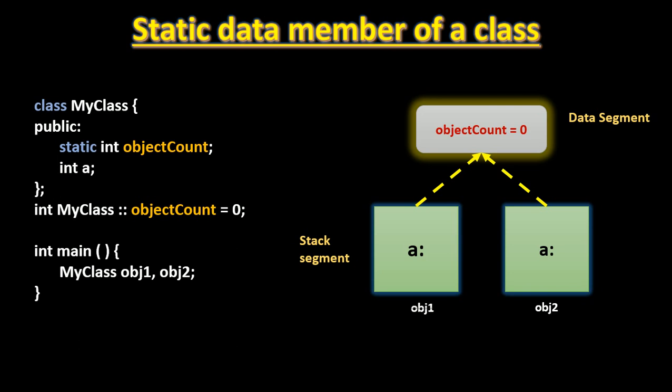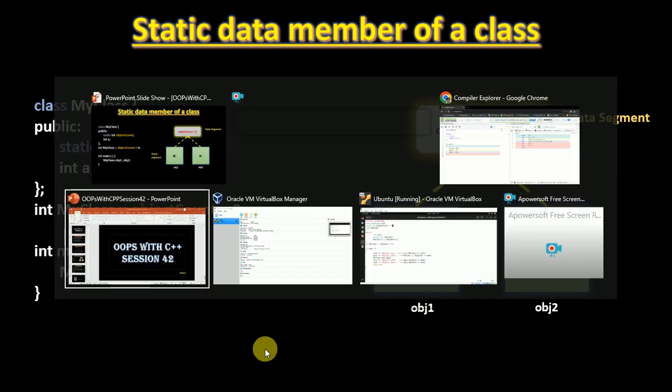Now we are doing the same thing: you create n number of objects, and whichever resource you want to share among all the objects, you make that resource static, and then it will be shared like this. So now object_count is a shared resource and it will be accessible by all the objects. Okay, now let's look at one program for this.